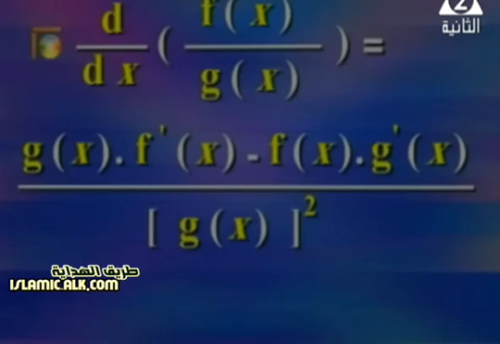Remember, dear student, when you find the differentiation of f of x over g of x, it is g of x squared in the denominator, and in the numerator g of x times f dash x minus f of x times differentiation of g of x, or differentiation of the denominator. Remember, dear student, g of x is not equal to 0. Why? Because in a fraction, if the denominator is 0 it is undefined.